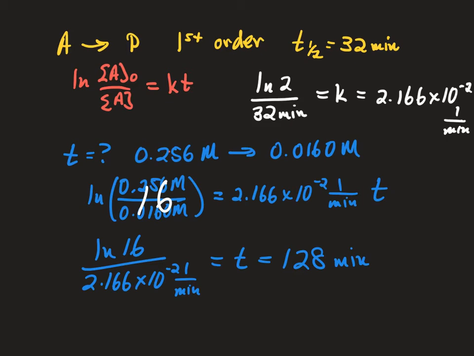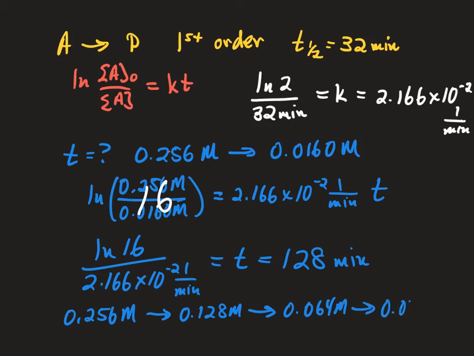There's another way we could have considered it, though. If we start with 0.256 molar, if we divide that in half, we get 0.128 molar. If we divide that in half, we get 0.064 molar. If we divide that in half, we get 0.032 molar. And if we divide that in half, we get our 0.016 molar.